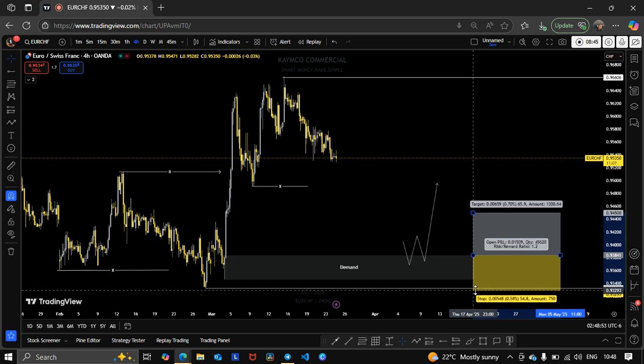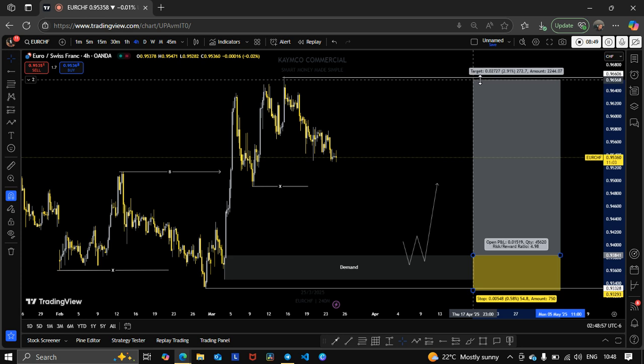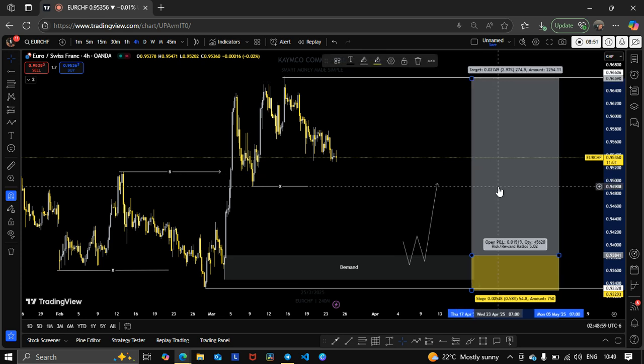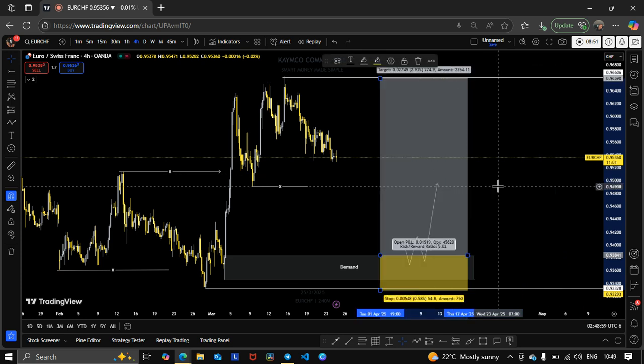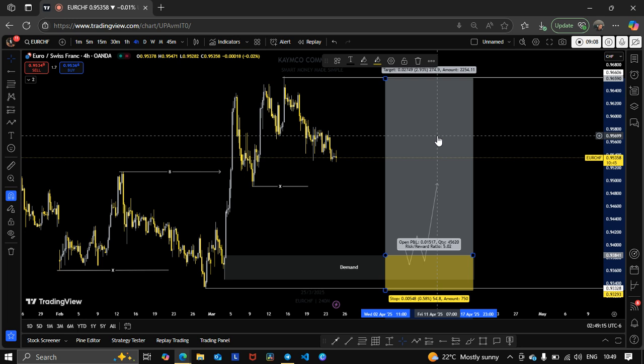So this is what I prefer to do. 54 pips, that's half of that stop loss. And this is a 1 to 5 risk ratio, so you can risk $100 to make $500, my bad, so it's 1 to 5.